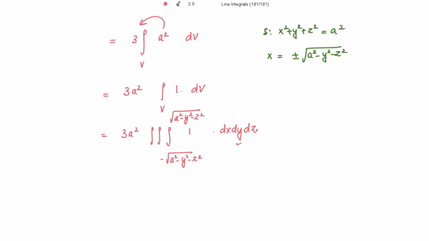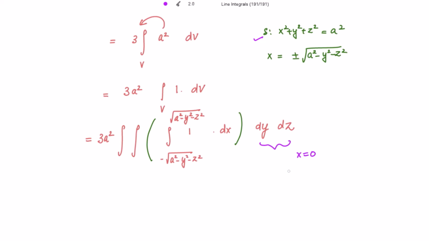And now putting the limits of y, for the yz plane, x is 0. So from the surface S, we have the limits of y to be equal to plus minus square root of a square minus z square. X is 0 for the yz plane.